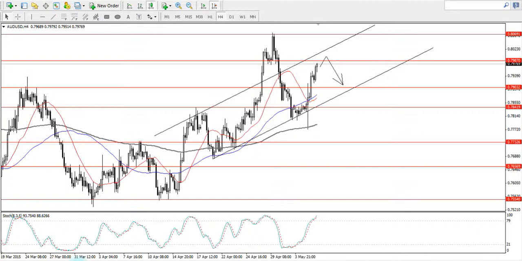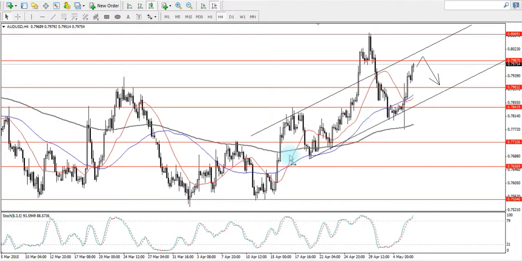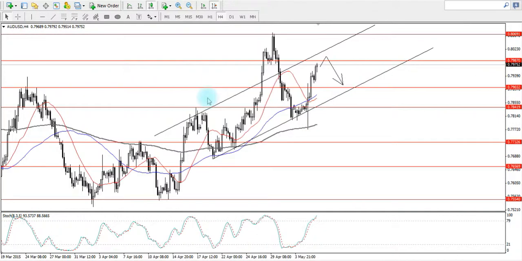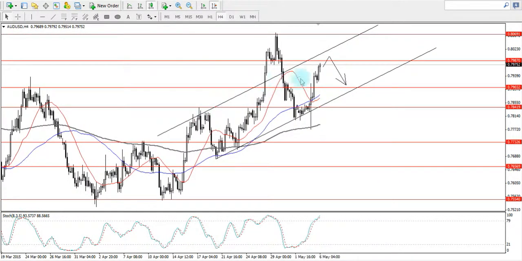So just wait for a further retracement before you go for the short opportunity. That's pretty much for the Aussie against US dollar. And just take note that yesterday itself, the Reserve Bank of Australia has already cut interest rates. So fundamentally, we should be seeing that Aussie will depreciate further against US dollar.